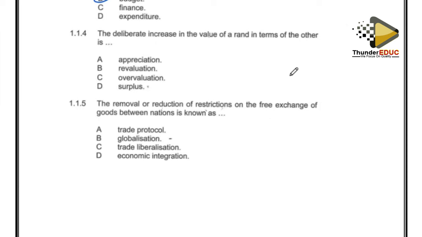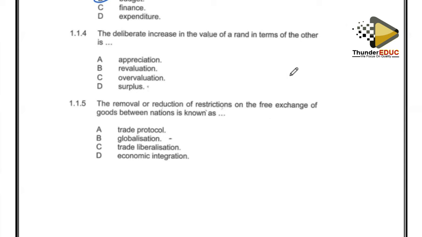So now also we have overvaluation. Overvaluation is when a currency is overvalued when compared to the other currency. So remember, I said that revaluation or devaluation, those two concepts take into account the intervention of the institution that is in charge of money supply. So in that regard, the institution in charge of the money supply is the South African Reserve Bank or any central bank.